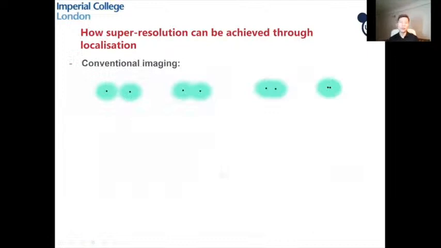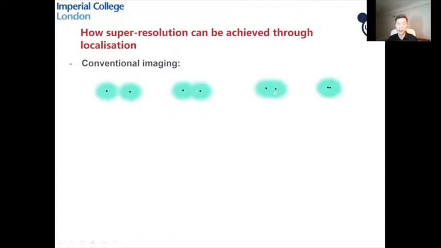Right, so how exactly can super-resolution be achieved through this localization? Here I just want to give you a little bit more explanation. If you look at conventional imaging, say these dots are scatterers with known location.